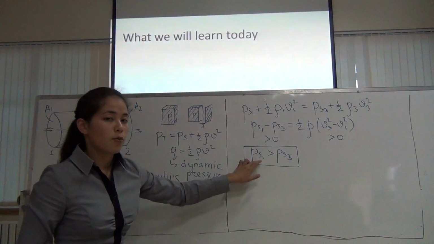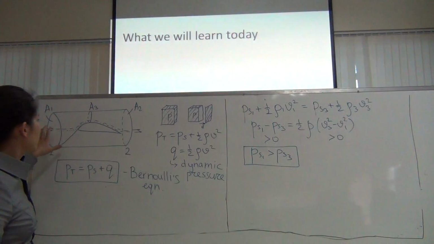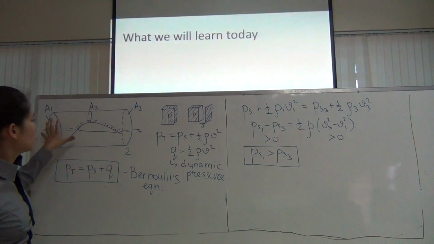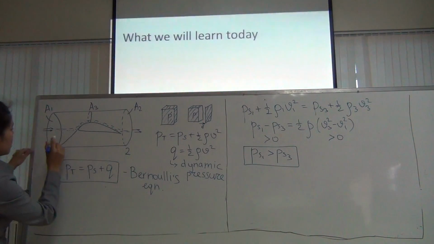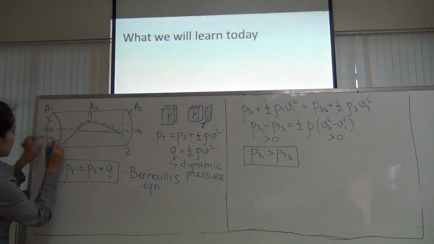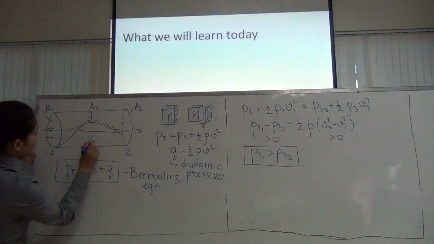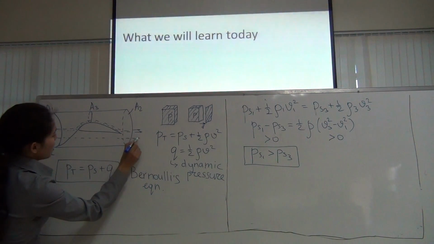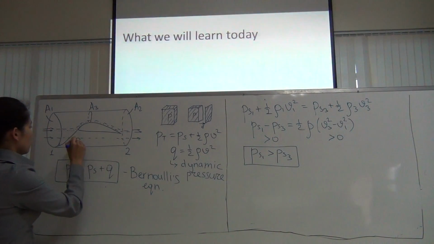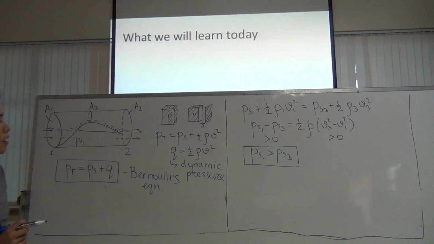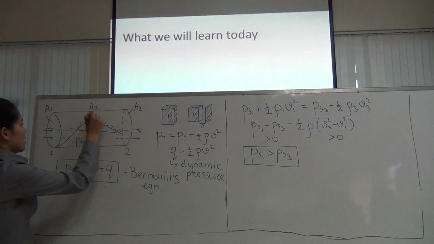So P static 1 is pressure here, but also if we had a wind tunnel straight, whatever pressure the air enters here will be the same while it's moving through the wind tunnel. So P static 1 and P static 3.